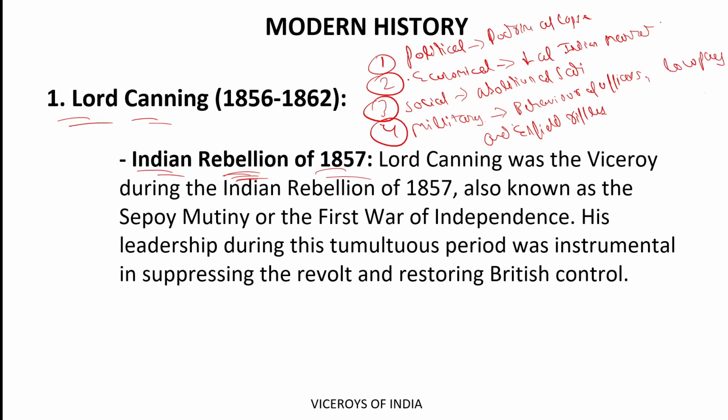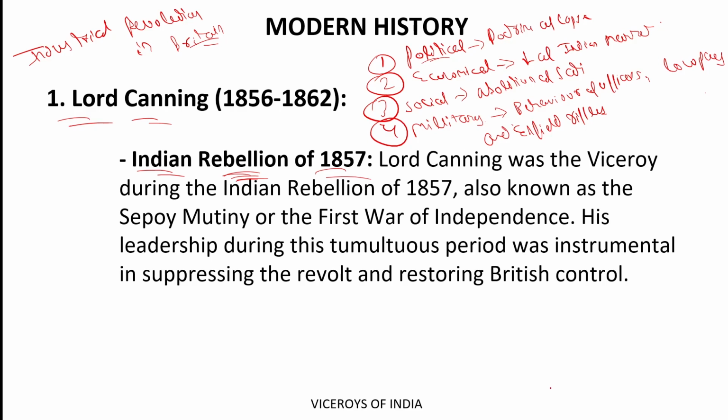As per the doctrine of lapse, nine kingdoms of India were occupied by the British. This drove up political resentment towards British rule. Second was economical, because there was an industrial revolution in Britain.